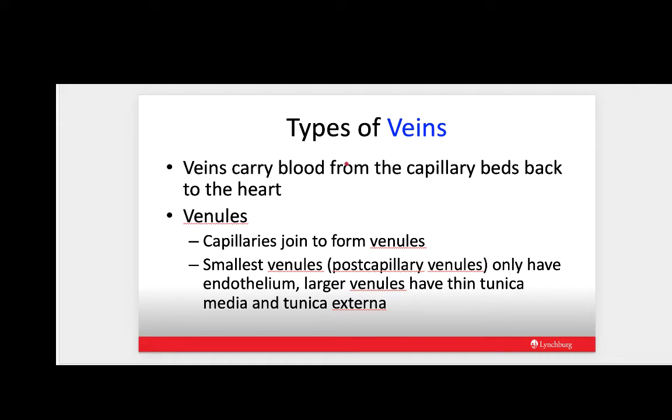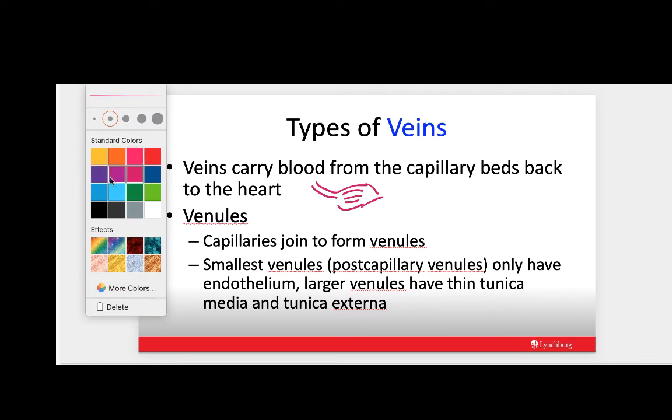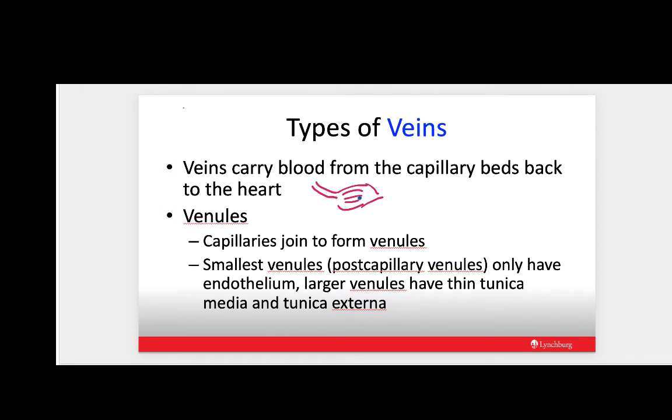Capillaries, when we travel from the arterial end of the capillary bed, here's our capillaries, and then we've got venous blood going back up the other side. That capillary bed is going to be draining into a venule, okay?